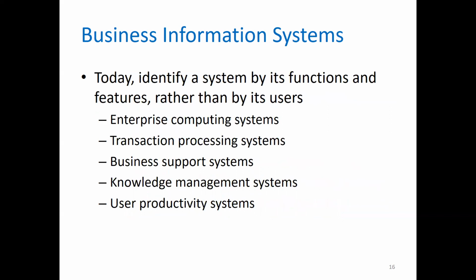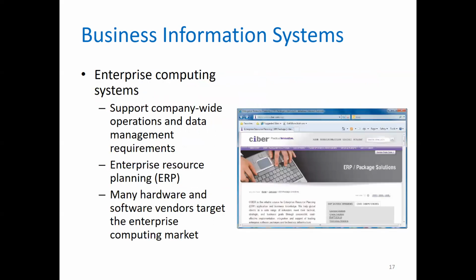If we come to the modern era, today we identify a system by its function and features rather than its users. So you have enterprise computing systems or enterprise information systems, transaction processing systems, business support systems, knowledge management systems, user productivity systems. Let's have a look at these examples in the next few slides.